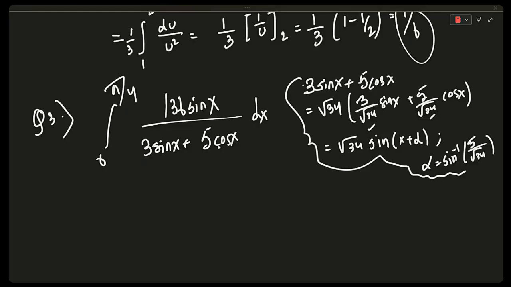But I think you can put y equals x plus alpha, so the numerator becomes sine of y minus alpha by sine x, and then you can break the numerator and divide by sine x because you have sine x in the denominator. Okay, I guess you can try it, but there's a better way.